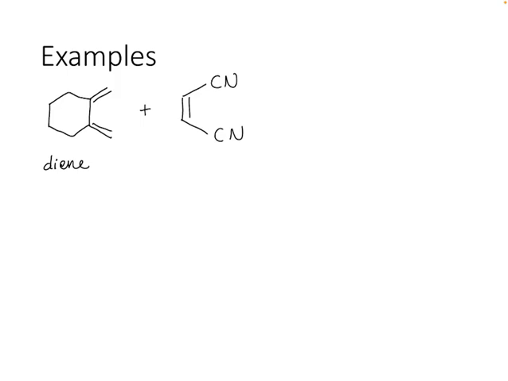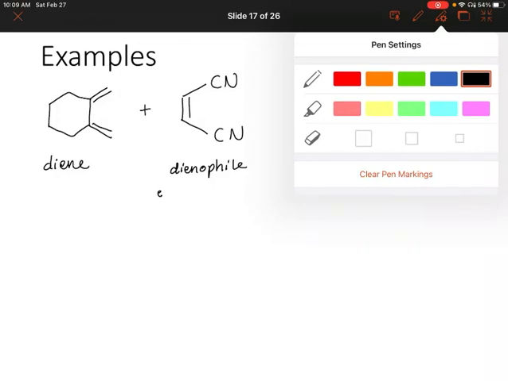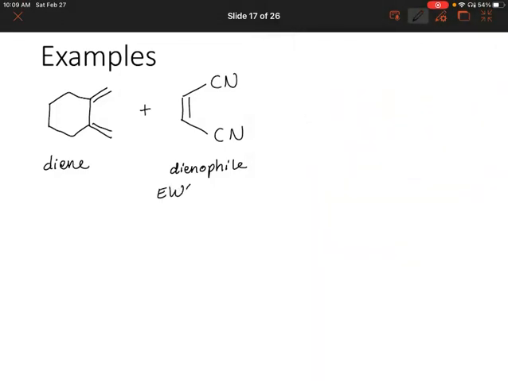And then we have our dienophile, and the electron withdrawing group is the cyanide group. So a carbon that's triple bonded to a nitrogen.